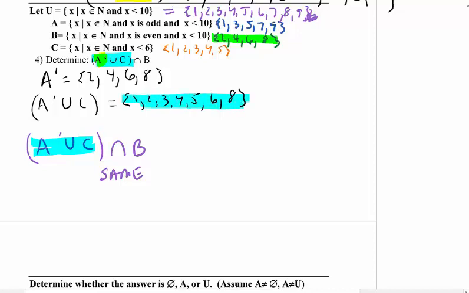And I'm saying what is the same between those two highlighted pieces that I have. So if I look at that, the 2 is the same, the 4 is the same, the 6 is the same, and the 8 is the same, which actually is just set B. So 2, 4, 6, 8, or set B.